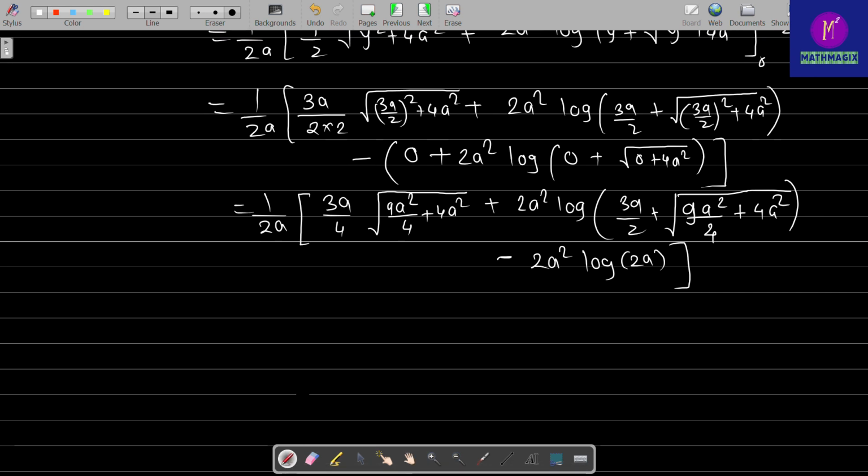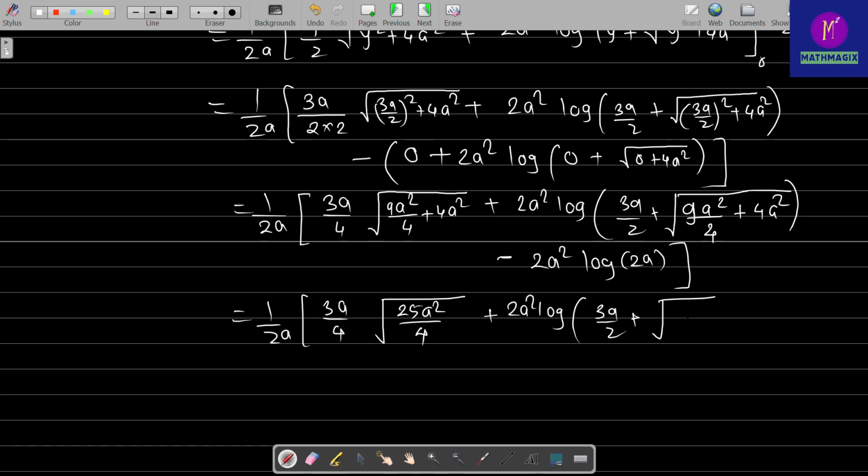So this is equal to 1 upon 2a, 3a by 4 square root of 25a square by 4, plus 2a square log of 3a by 2 plus again the same thing, 25a square divided by 4, minus 2a square log of 2a.